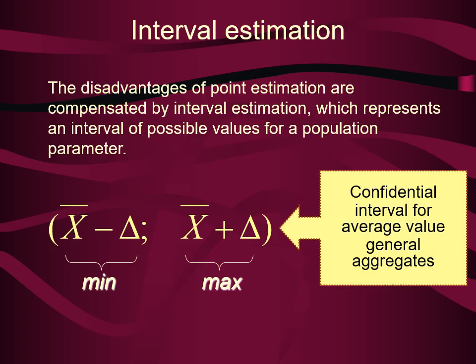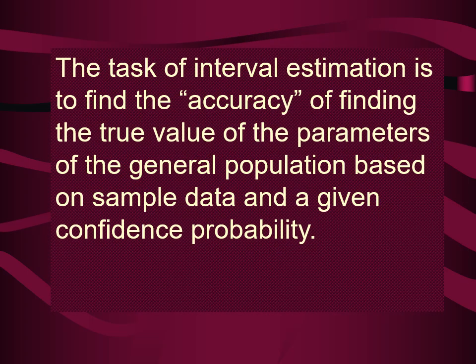To determine the exact values of this confidence interval, of course, you need to know what this delta equals. How can I find the size of this interval? In other words, we proceed to the second method of estimating the general population from sample data, the interval method of estimation.